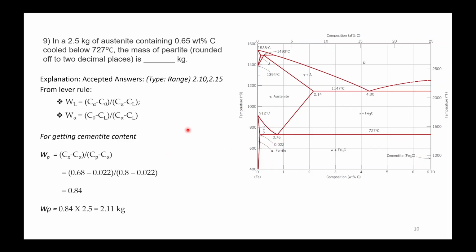For example, in this question, I had to consider 0.8% to get the answer that was given by the professor. When I used 0.76, it was coming around 2.22, which wasn't the accepted answer.